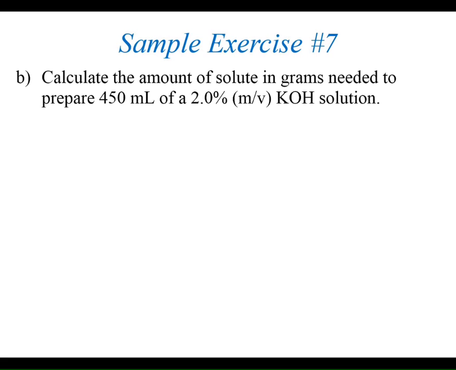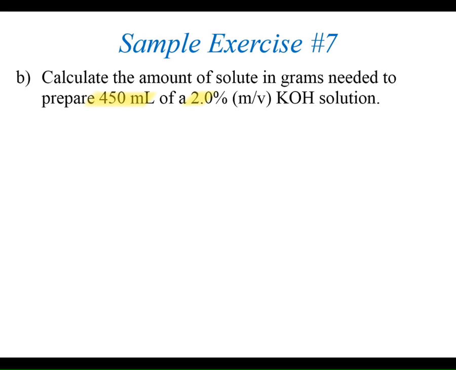Okay. Now, how about this one? This is kind of like the one we just worked. It says, how much solute in grams would I need to make 450 milliliters of a 2% mass per volume solution? So this 450 is the total solution.